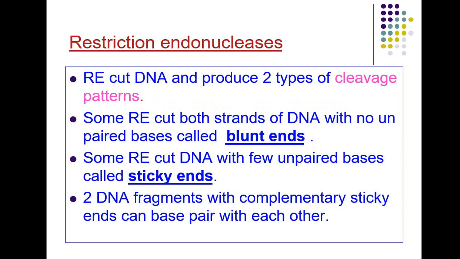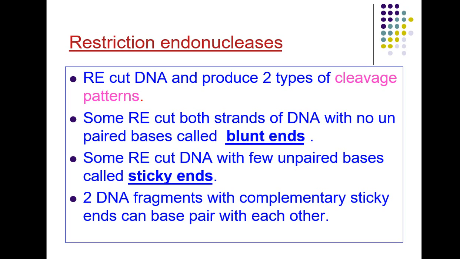Restriction endonucleases cut the DNA and produce two types of cleavage patterns. Some restriction endonucleases cut both strands of DNA with no unpaired bases, called blunt ends. Some cut DNA with a few unpaired bases, called sticky ends.